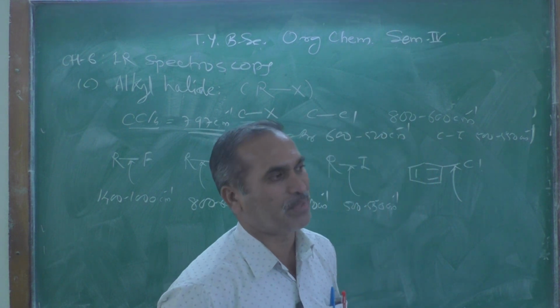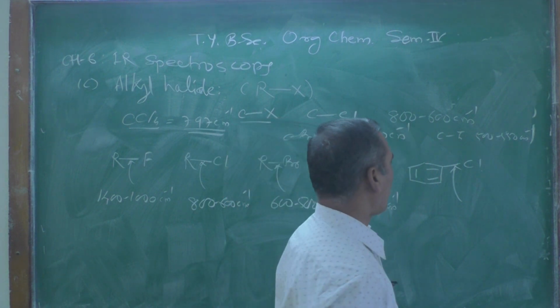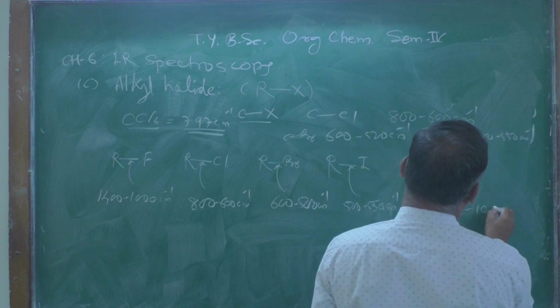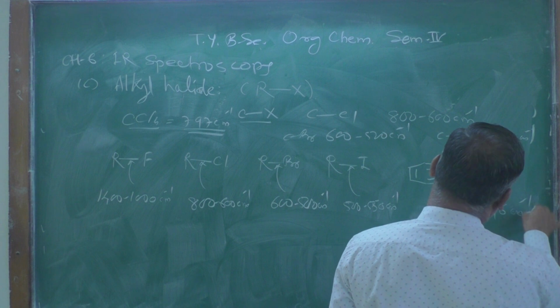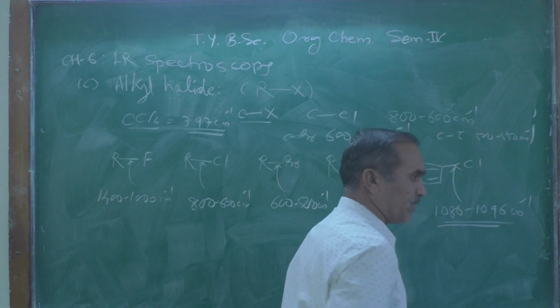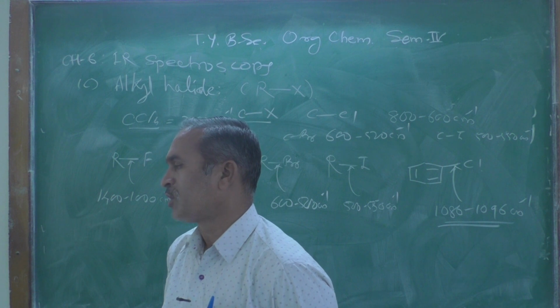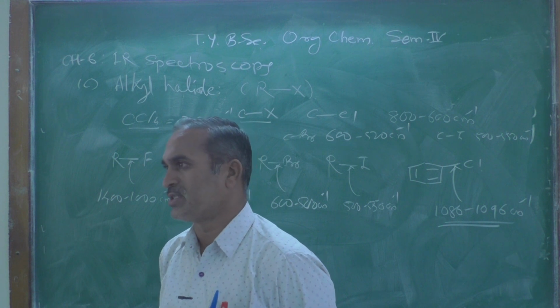as in chlorobenzene, the peak appears around 1086 to 1096 per centimeter, which is characteristic of chlorobenzene.